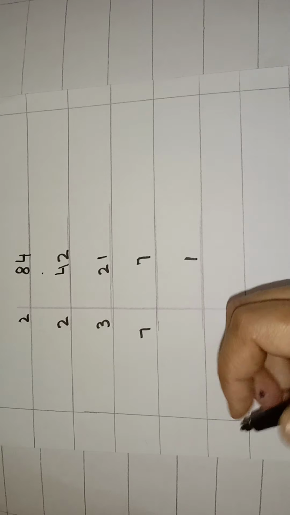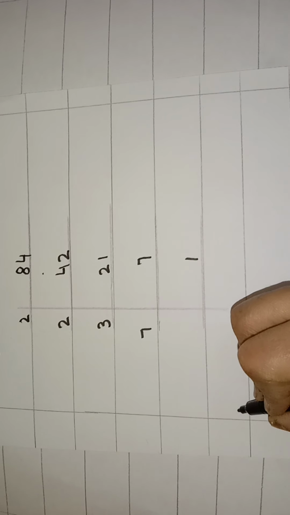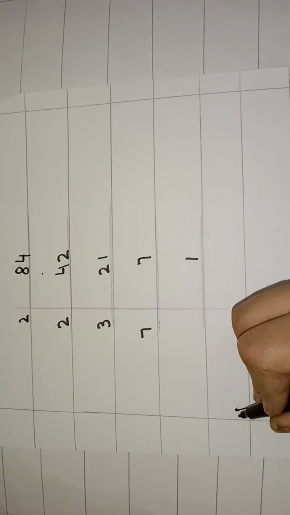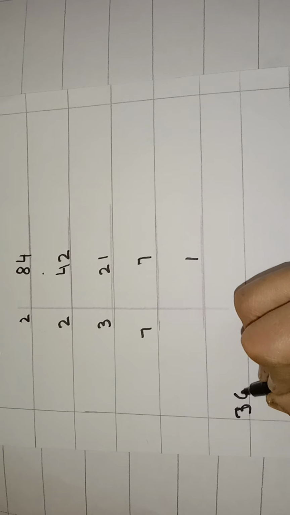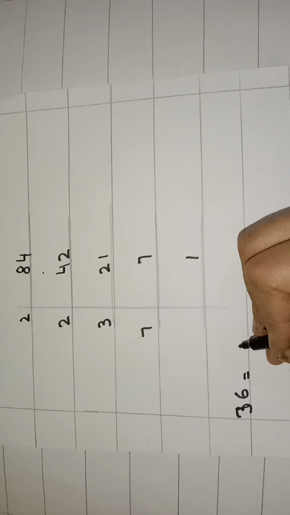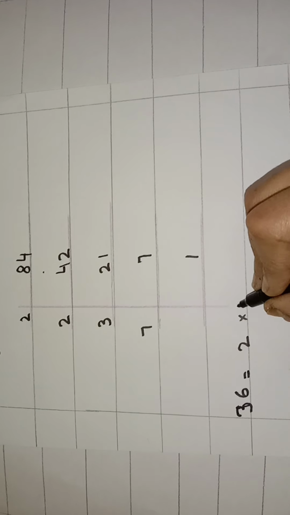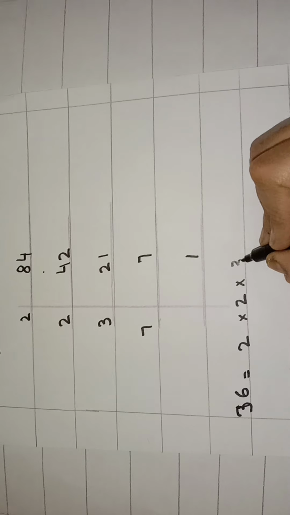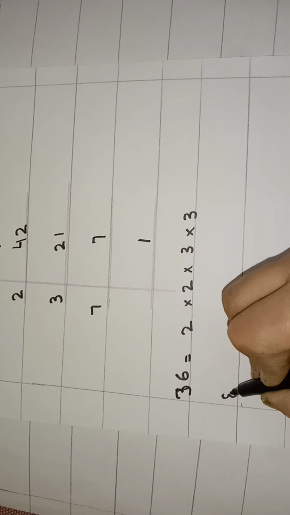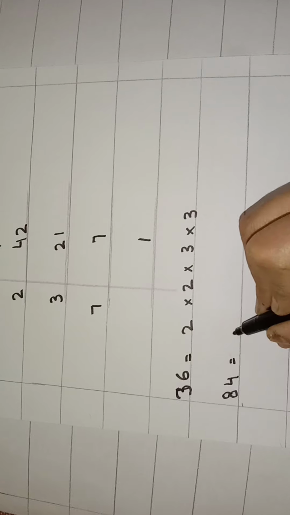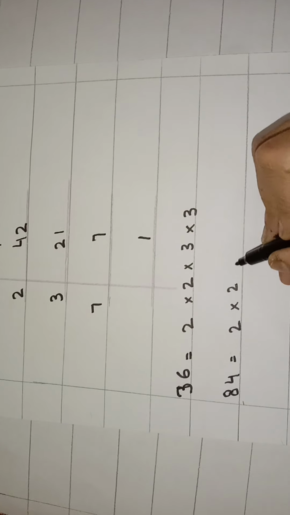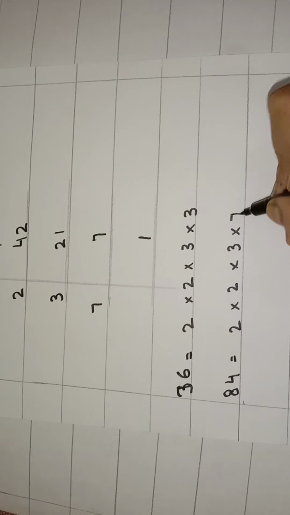These are the factors of 84. Now we will find the HCF. First we write the first number, 36, which is equal to its prime factors, 2 into 2 into 3 into 3. Then we write the prime factors of 84. These are 2 into 2 into 3 into 7.